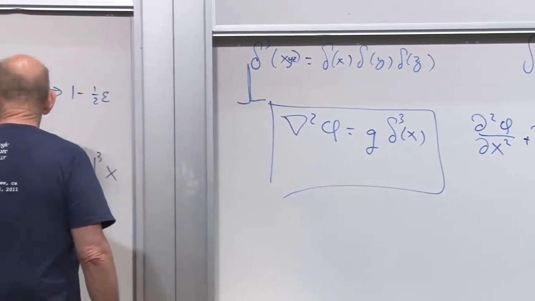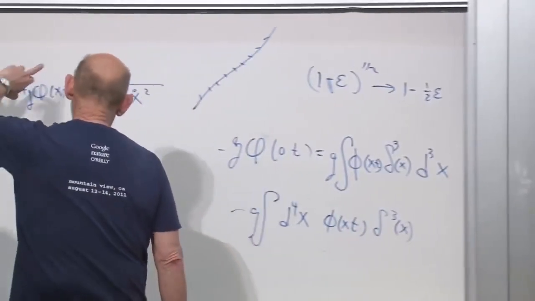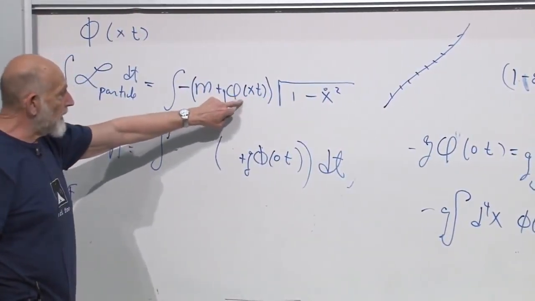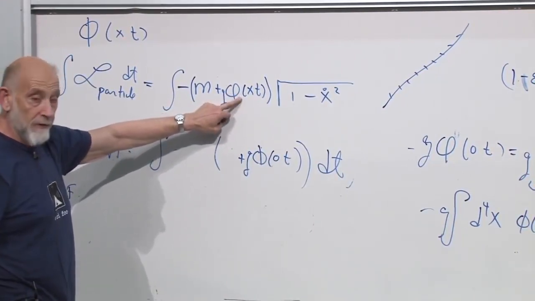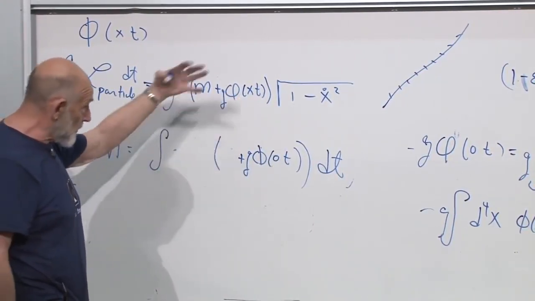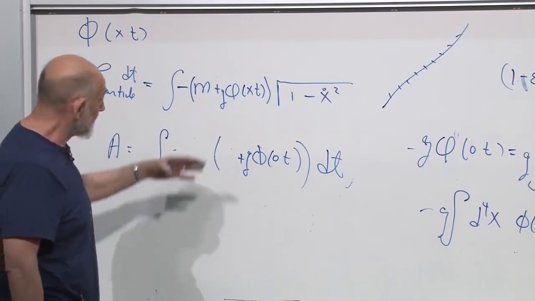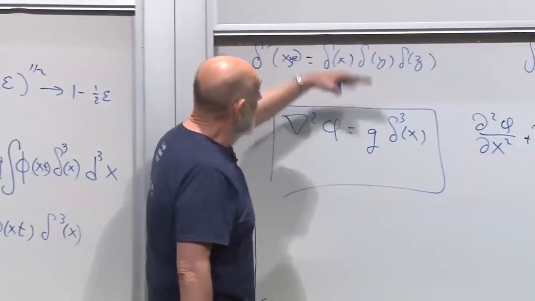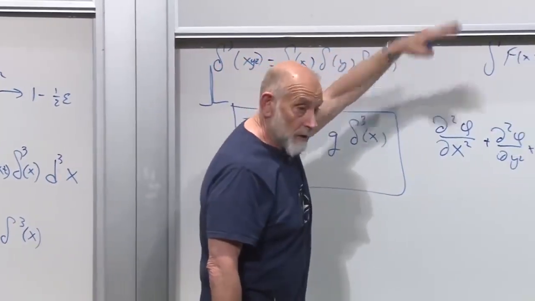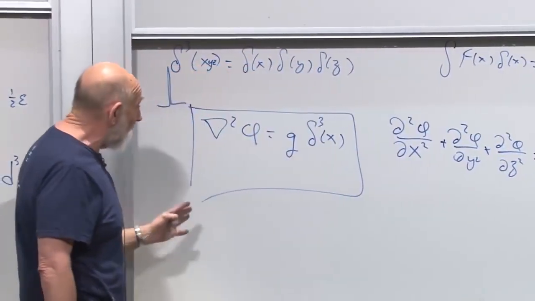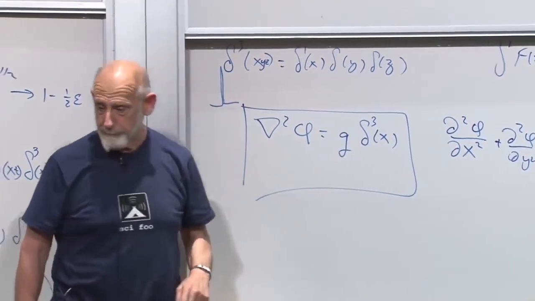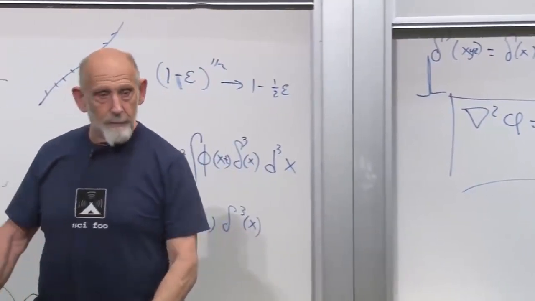The same term in the Lagrangian, which tells the particle to move as if there was a potential energy g phi, in other words, which exerts forces on the particle, also, that same term, when used for the equation of motion of the phi field, tells us that the phi field has a source. These are not independent things.